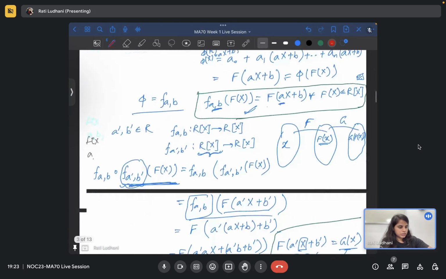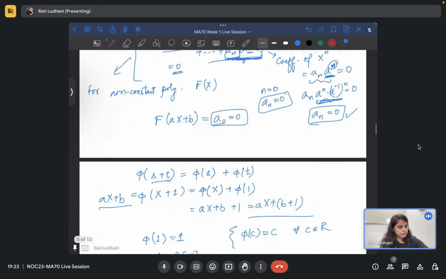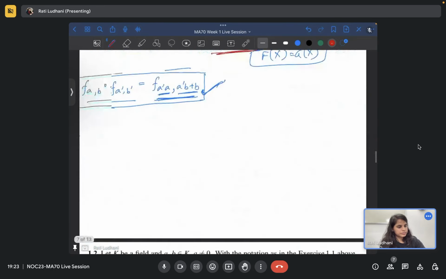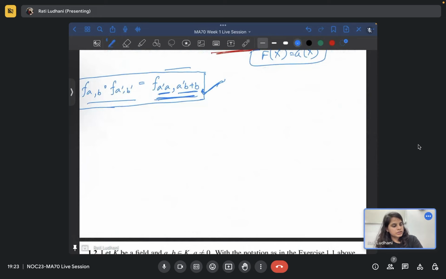So for surjectivity, I can write. So you take G(x) belongs to R[x]. Then what you really need? You need the inverse of G(x).